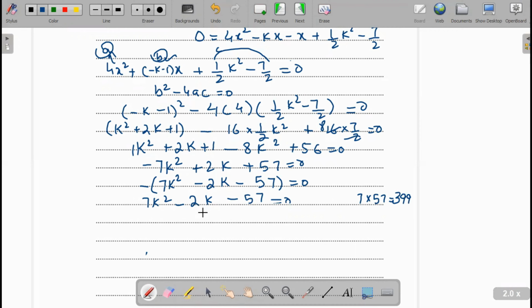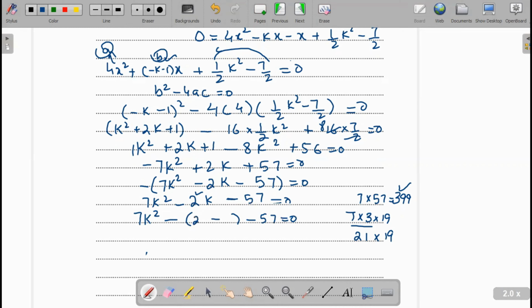Now to factorize 399, we make two factors such that when we multiply we get 399, and when we subtract we get 2: 21 and 19 are the factors for middle term breaking. 7k square is written as it is, minus 57 equal to 0.